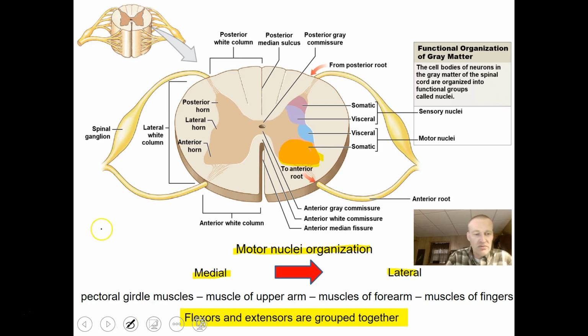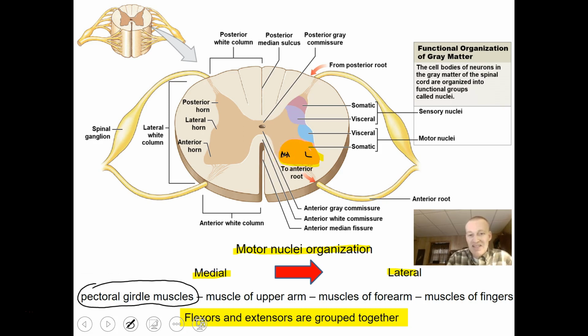The nuclei controlling the pectoral girdle muscles are going to be most medial, so in this region over here.